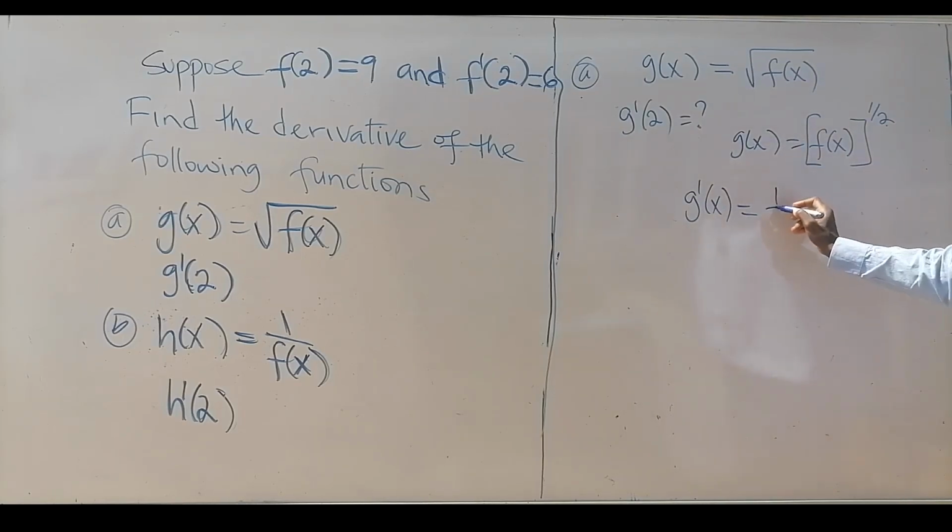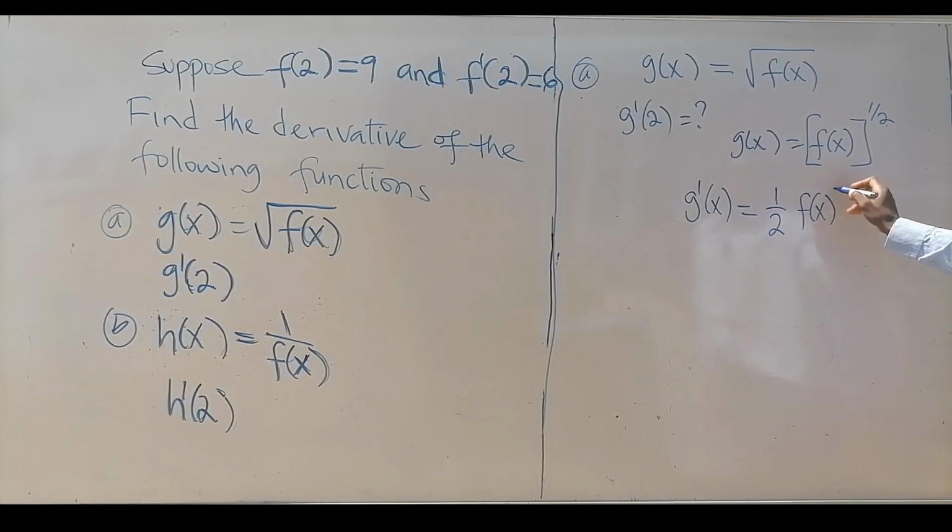So this will be equal to one half, and then the function itself raised to the power minus 1, that's minus half, and then times the derivative of the composite function, which is f prime of x, I mean the inner function.